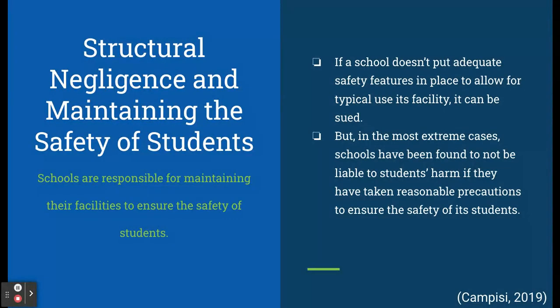And in those cases, specifically after Sandy Hook, when parents wanted to hold the school liable for that atrocity that had happened there, courts ruled that the schools were not liable for that individual's actions because they had taken reasonable precautions to ensure the safety of their students.